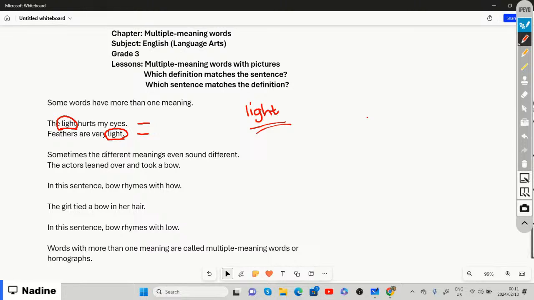And then we said sometimes these different meanings even sound different. For example, the actress leaned over and took a bow. It's like homophones.